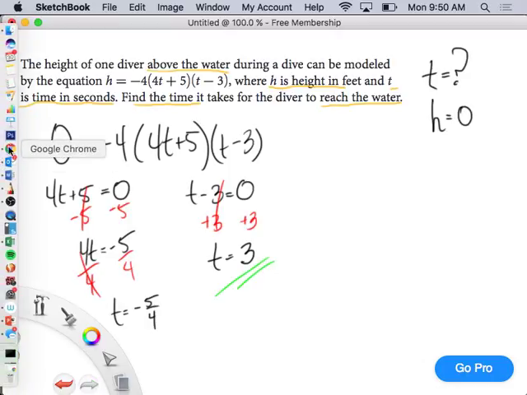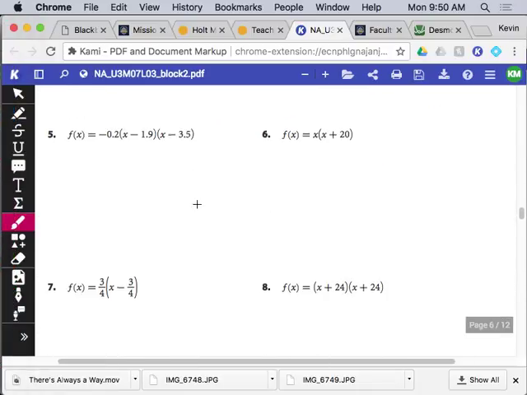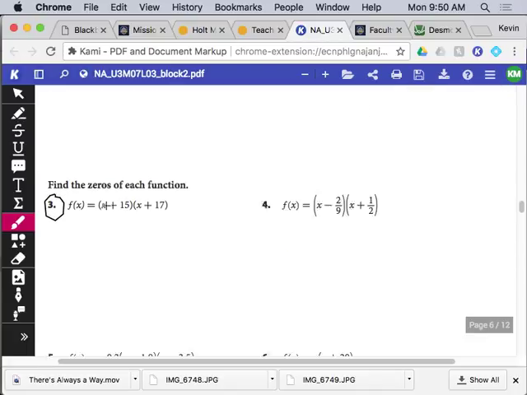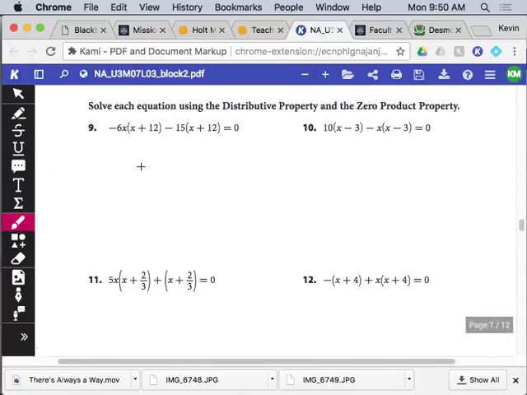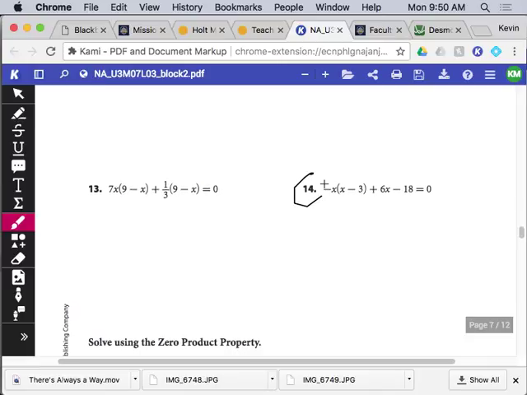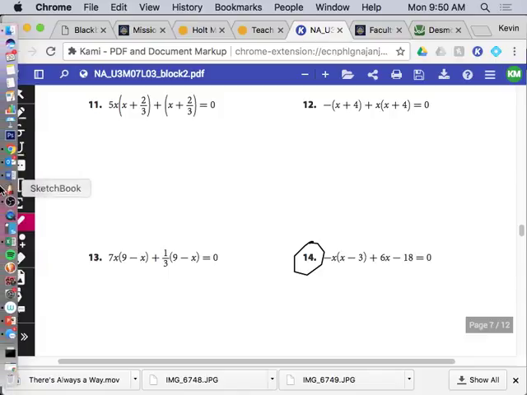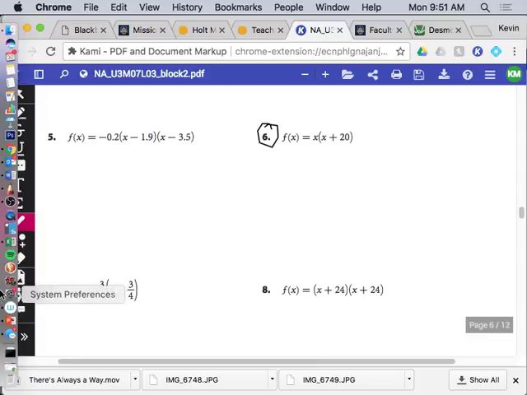So, homework. What is our homework? Our homework is number 1, number 3, number 9, number 14, and number 15. 1, 3, 6, sorry. 1, 3, 6, 9, 14, and 15.